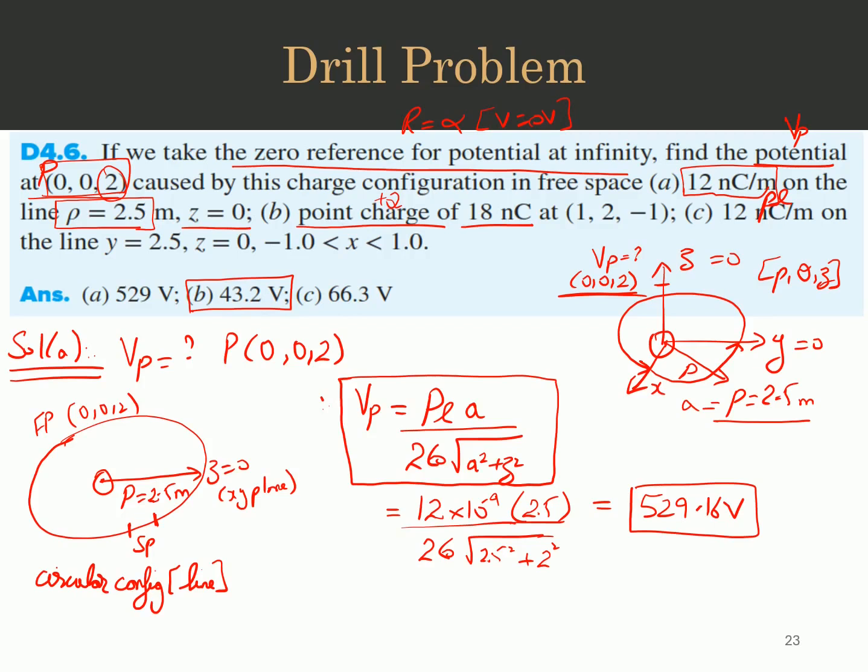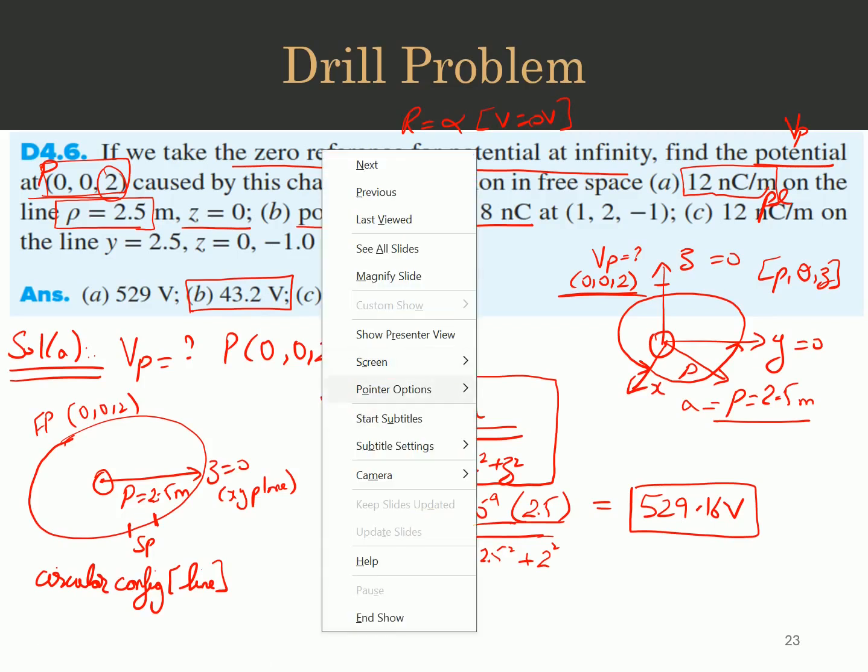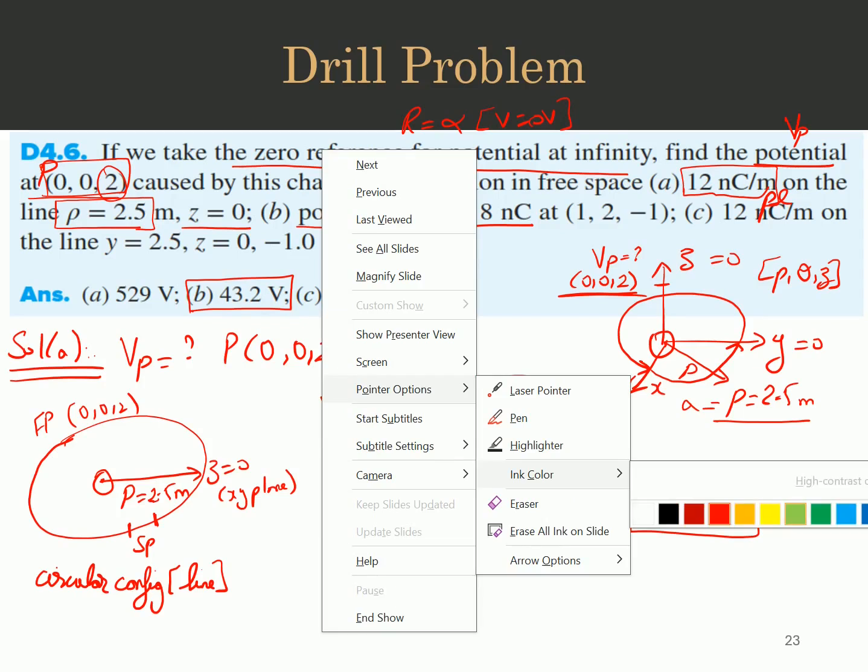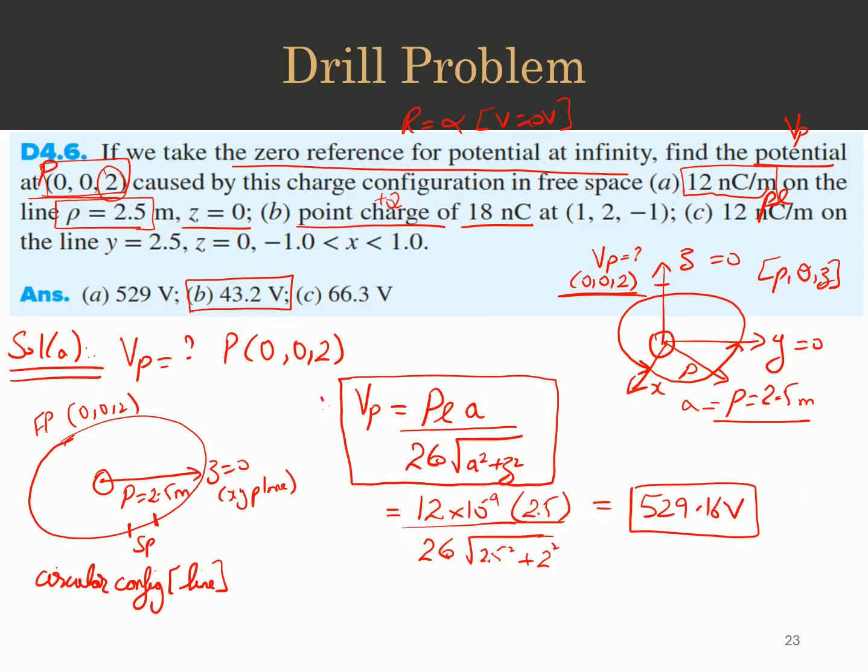Now let's come to the final part, which is part C, and what it is asking is that now again we have a rho L of 12 nanocoulomb, but this time it is on a line, so it is not on a circle as was with solution A. It is on a line of y equal to 2.5 and z equal to 0, and x is from -1 to 1.